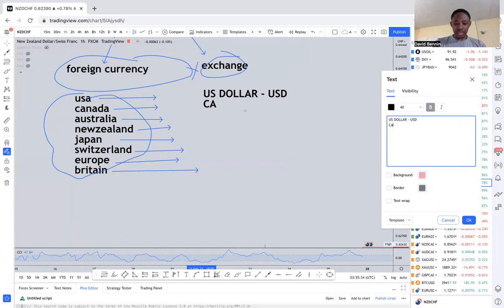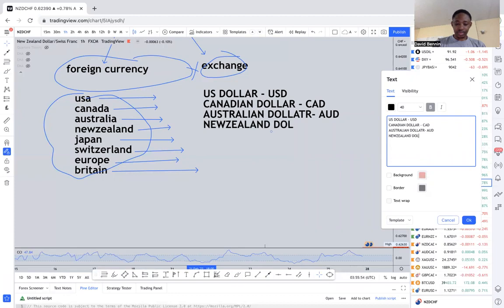Canada spends the Canadian dollar. It is represented as CAD. Australia spends the Australian dollar, which is represented as AUD. New Zealand spends the New Zealand dollar, which is represented as NZD.